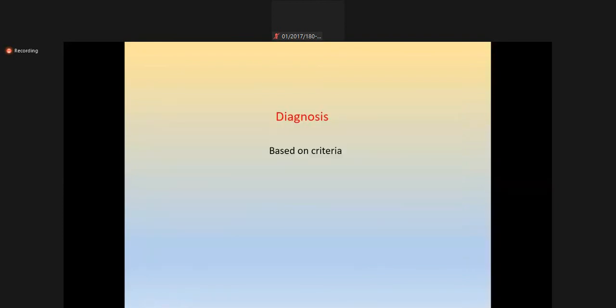How will you diagnose that a patient is having SLE? For that you need a detailed, good history from the very beginning, since the time the patient was ill. One very important thing in systemic lupus erythematosus is that you may get a waxing and waning history.